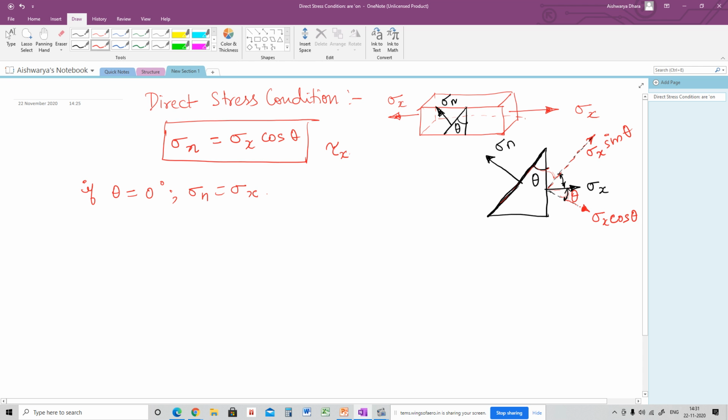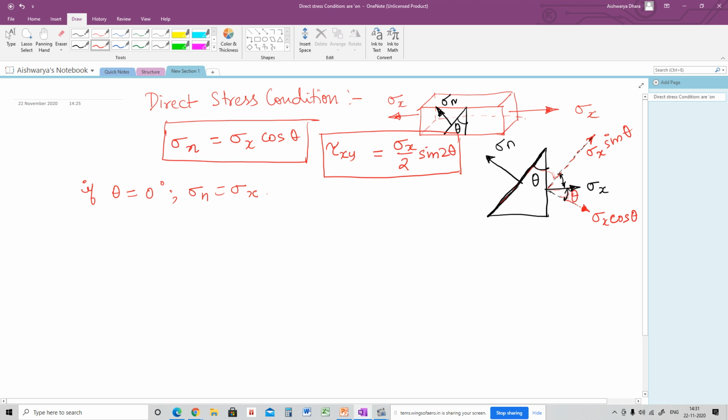There is another expression of tau xy for this direct stress condition: sigma x by 2 sine 2 theta. So you just need to remember this formula. Tau xy equals sigma x by 2 sine 2 theta.